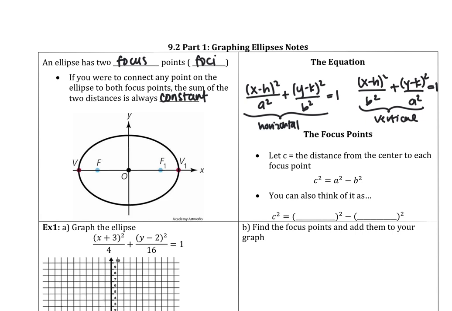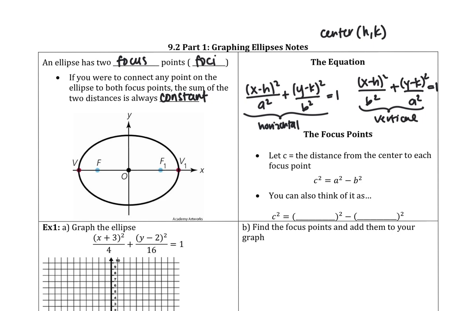However, regardless of whether your ellipse is vertical or horizontal, the center of the ellipse is at (h, k), like you see here. And we have these things called major and minor axes, okay?